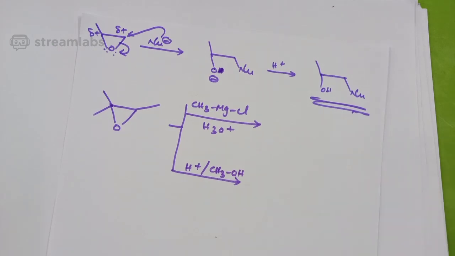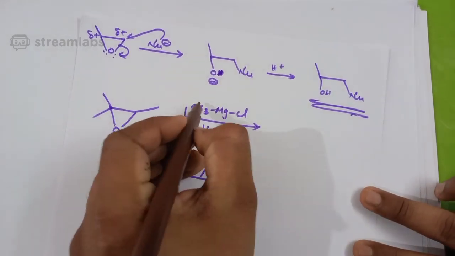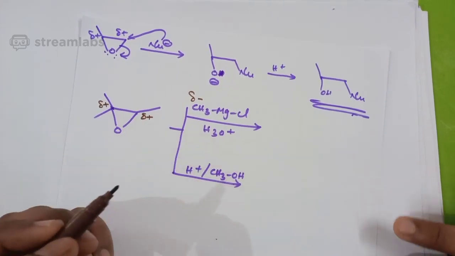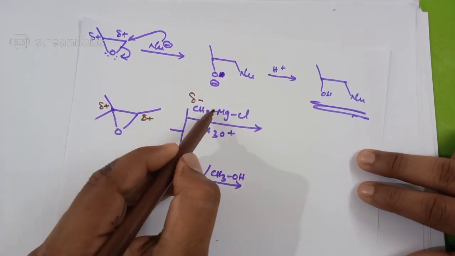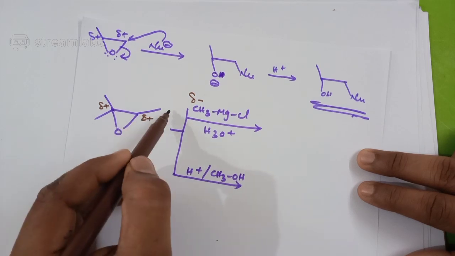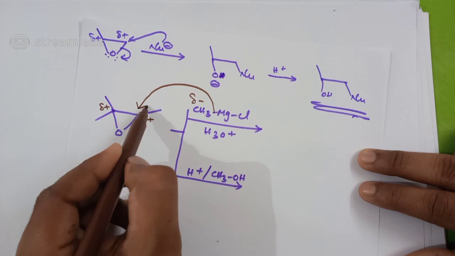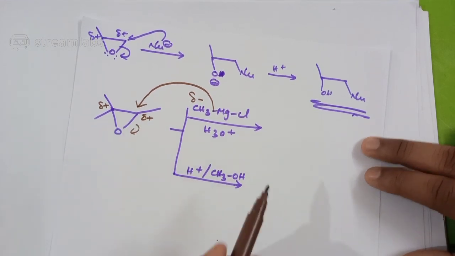Very simple. See here, this carbon is partially negative and here oxygen is positive, here also positive, right? So this C minus approaches here. Only one methyl group is there, but here two methyl groups, more repulsion, so 100% it will attack here. This bond will cleave. What is the answer now?